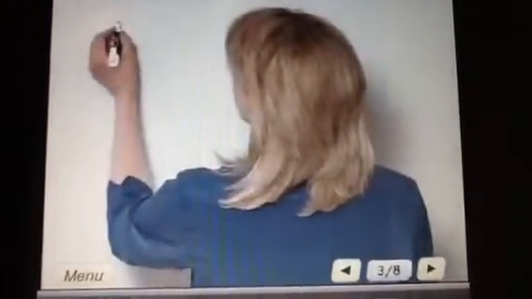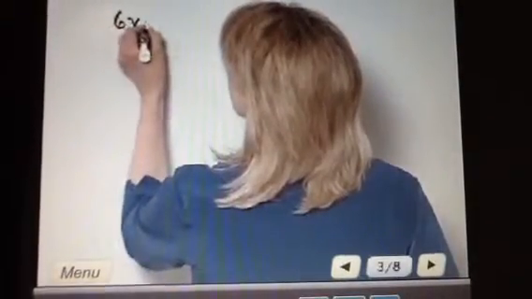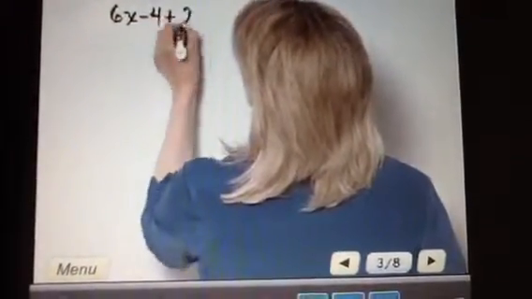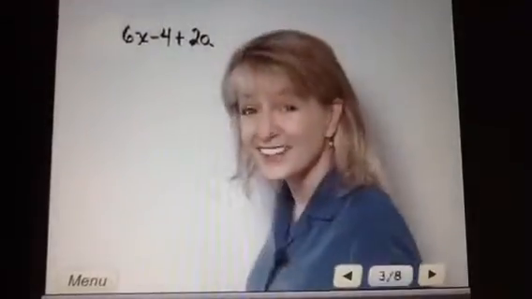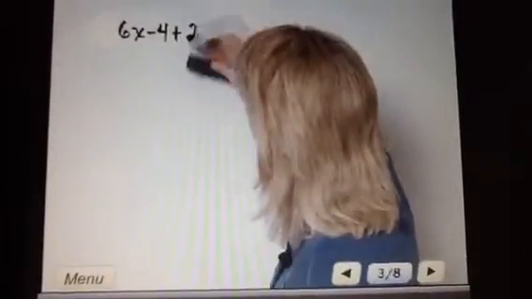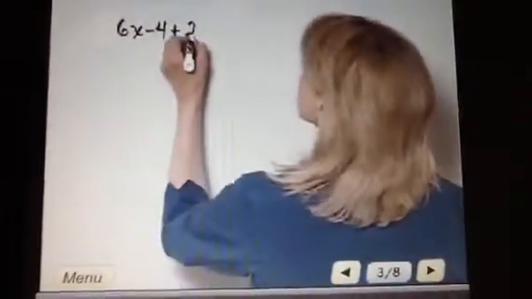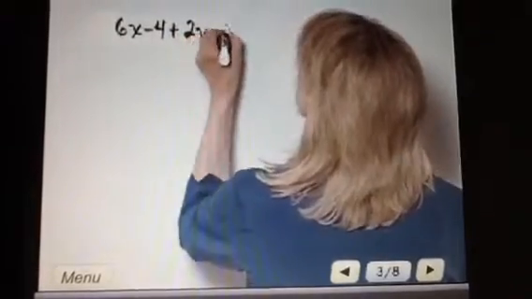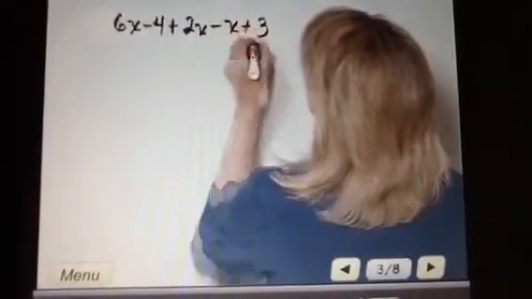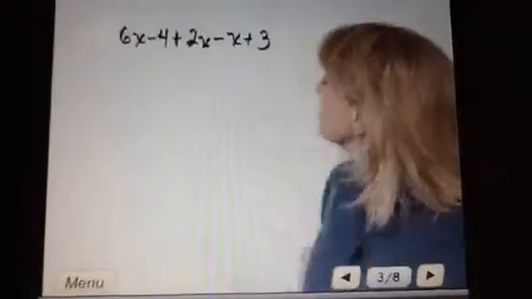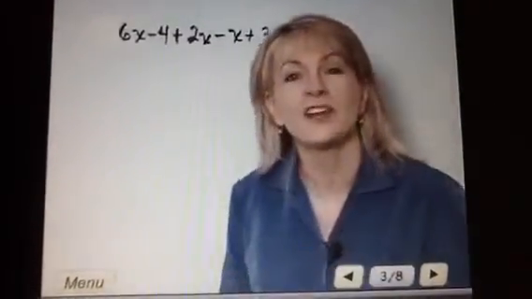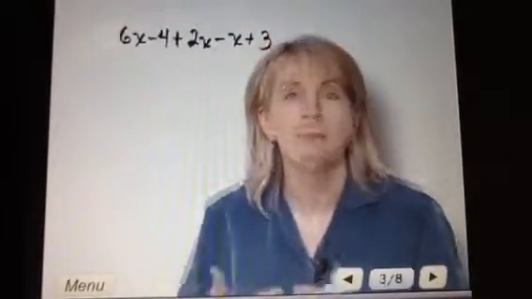Let's suppose we have 6x minus 4 plus 2x, my variable will be x, plus 2x minus x plus 3. Here is my expression. I want to know if this can be simplified by combining any like terms.